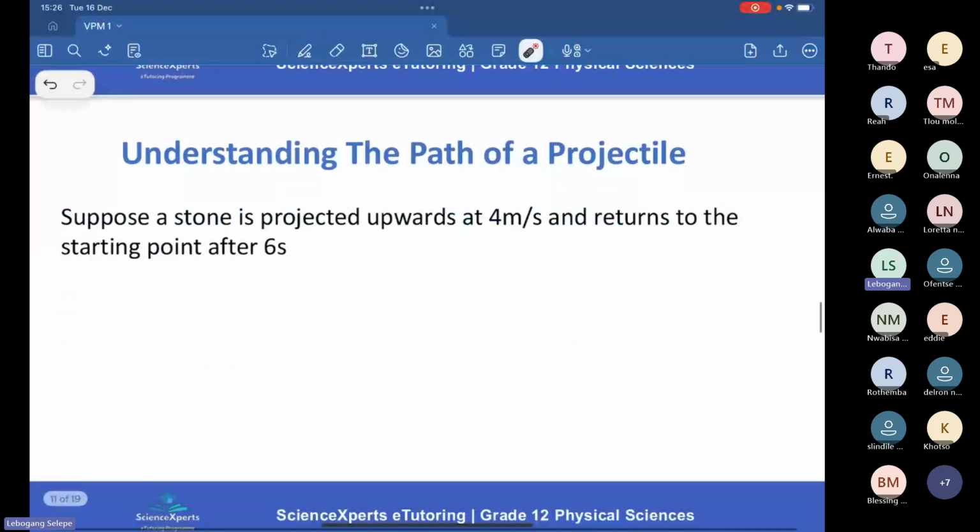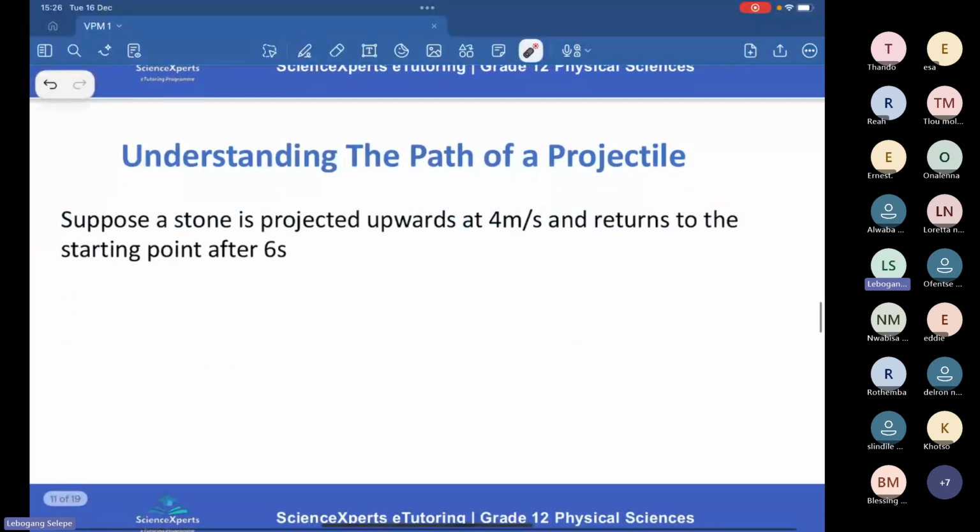Right, so now I want you guys to understand the path of a projectile. The path of a projectile is represented as a parabola. So how the position of an object changes with time is shown as a parabola. Suppose that an object has been thrown upward at 4 meters per second, then it returns to its starting point after 6 seconds.